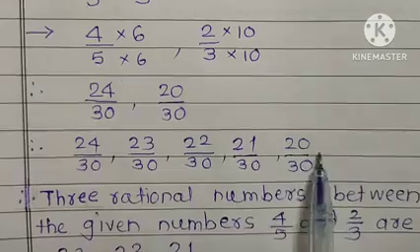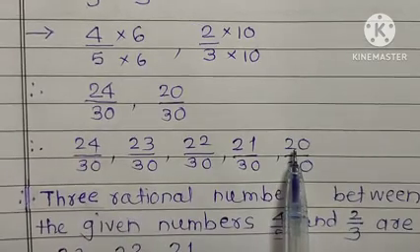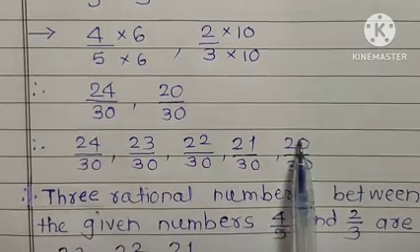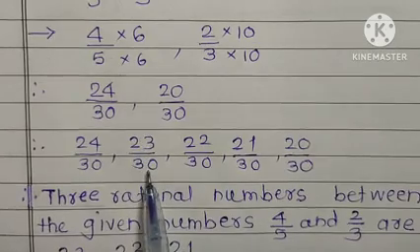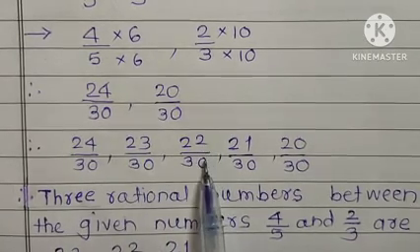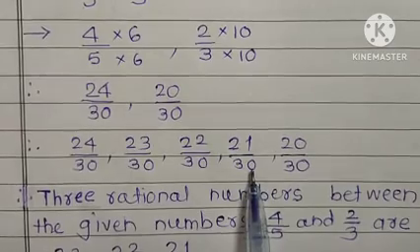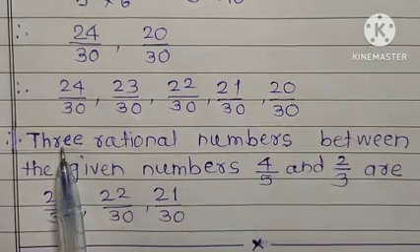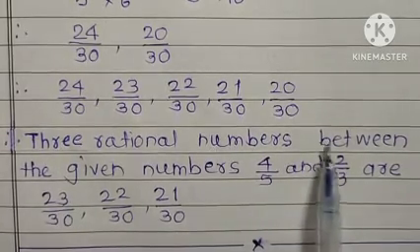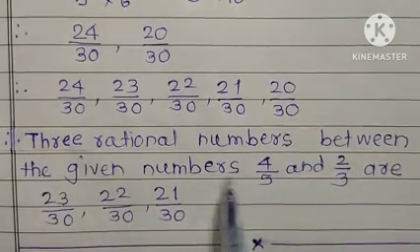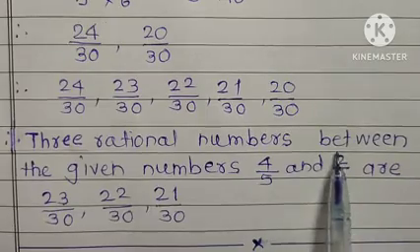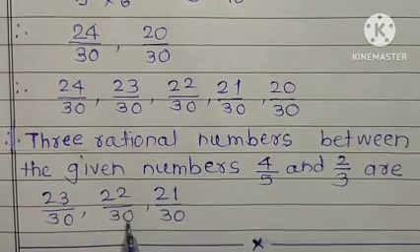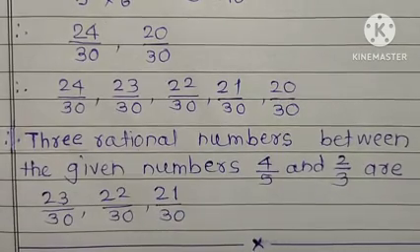So these two numbers are given and we have to find the rational numbers between these two numbers, that is 23 by 30, 22 by 30, 21 by 30. So write the answer in this way. Therefore, three rational numbers between the given numbers 4 by 5 and 2 by 3 are 23 by 30, 22 by 30, 21 by 30.